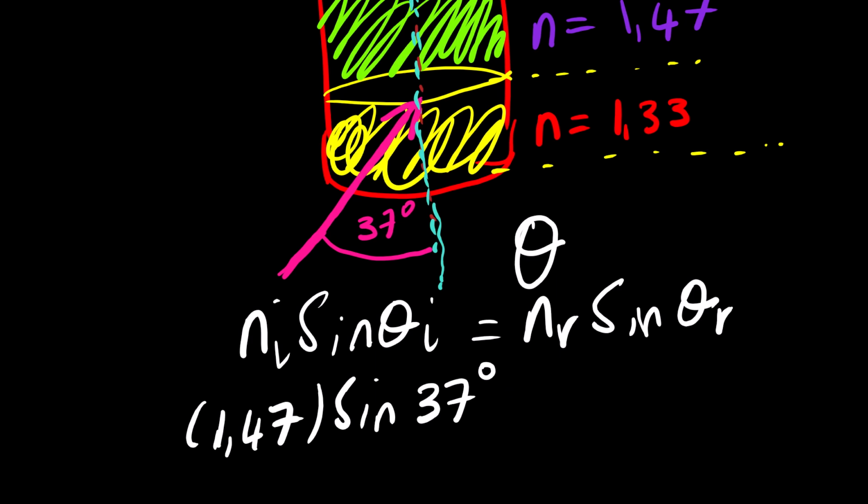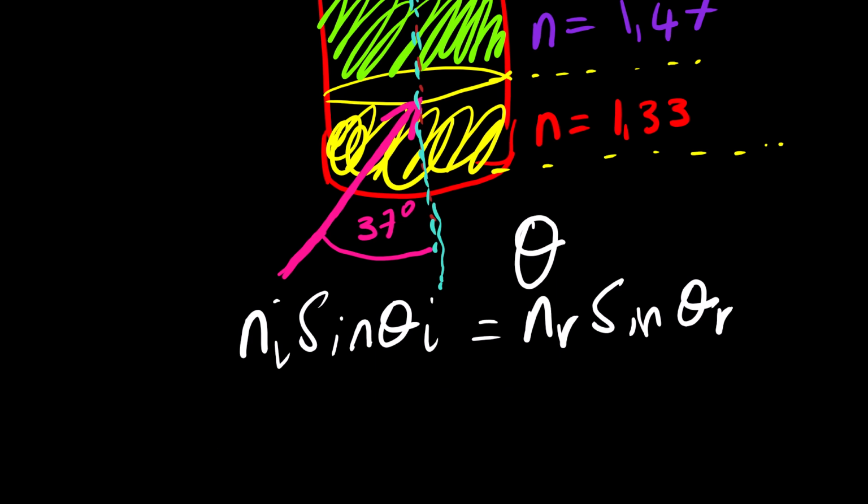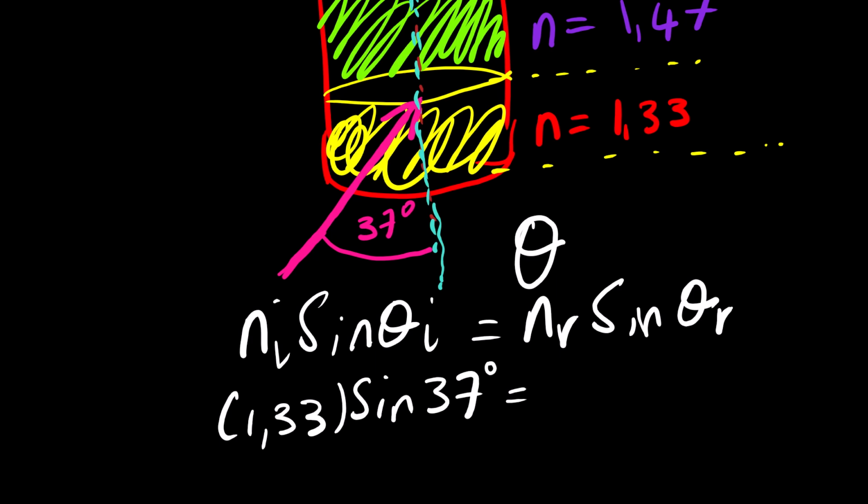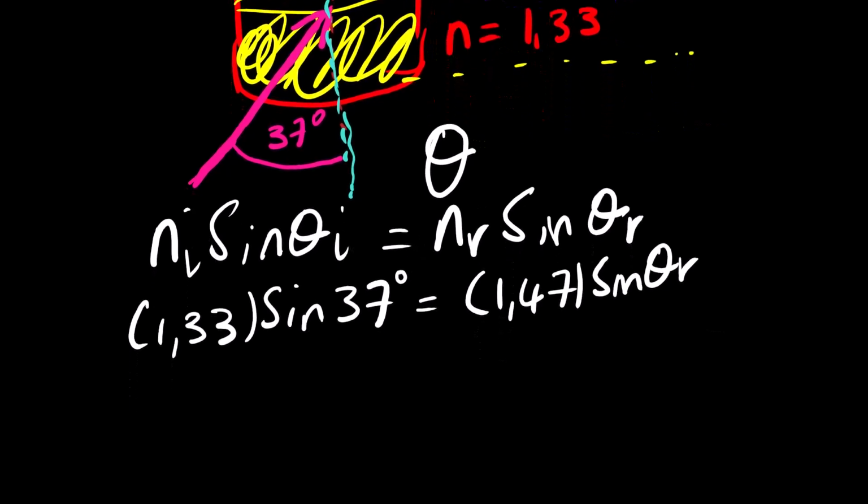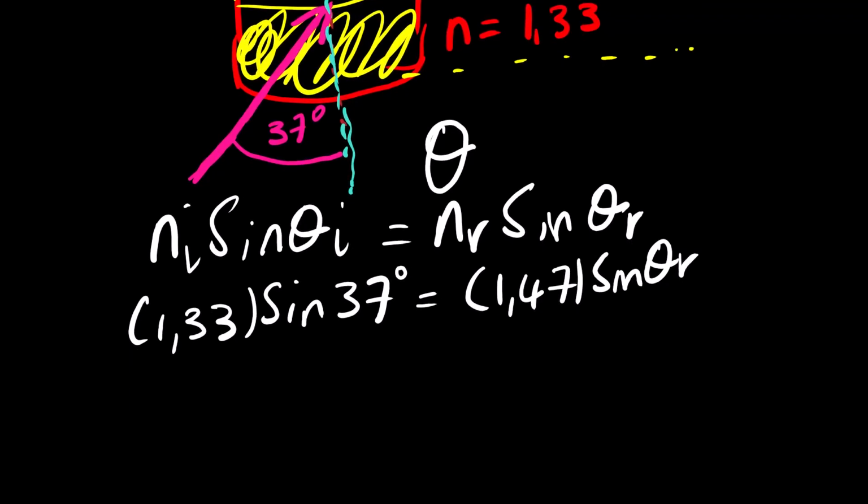I think I made a mistake. It's 1.33 sine 37. And Nr is 1.47 sine theta R. From here we divide both sides by 1.47.